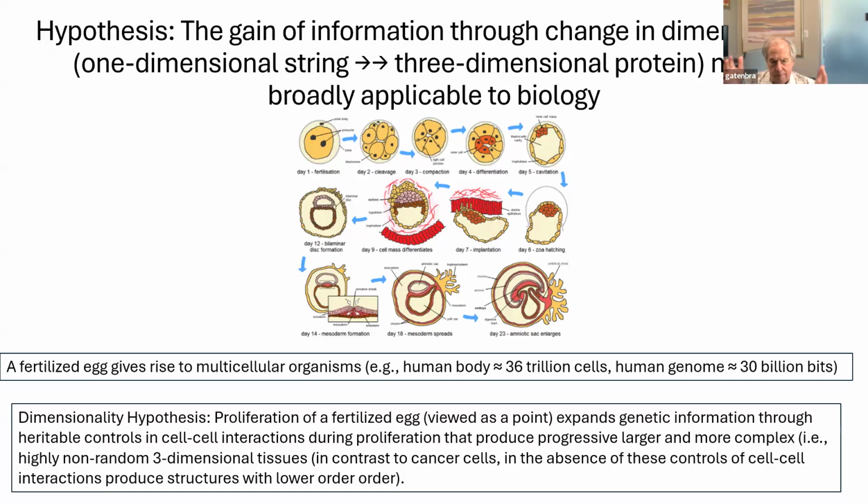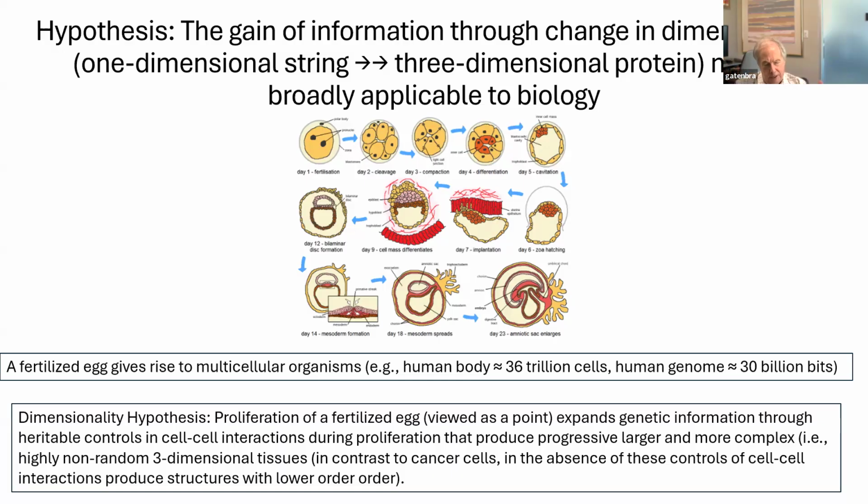So this change from the point source where the fertilized egg is used as a point, compared to the three-dimensional structure of a multicellular organism, represents a gain of information that is due to this dimensionality change that is controlled at a local level.